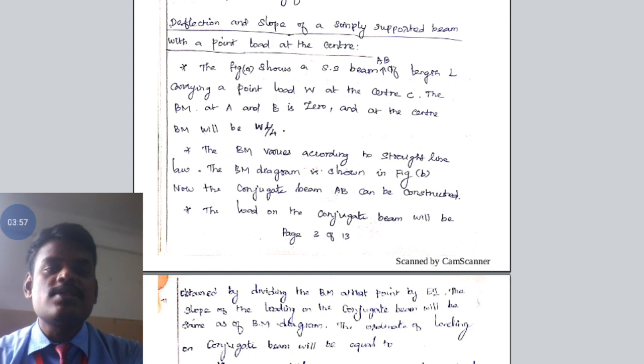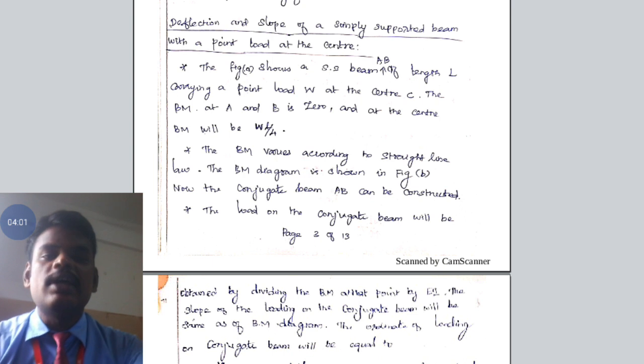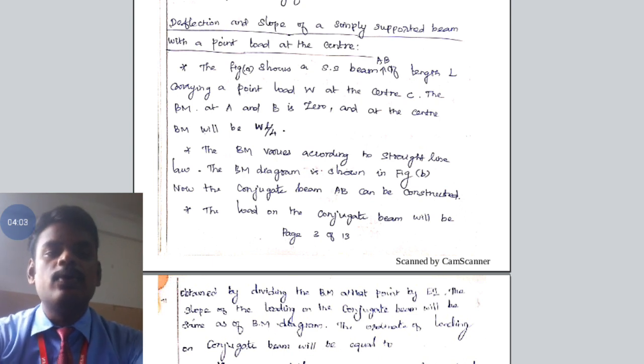The figure shows a simply supported beam AB of length L carrying a point load of W at the center, marked by C. The bending moment at A and B is 0.